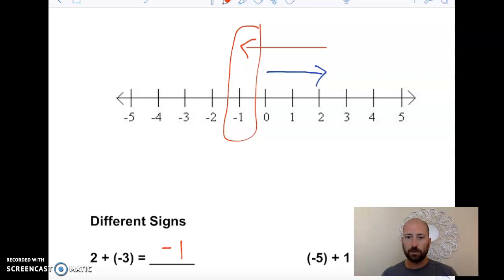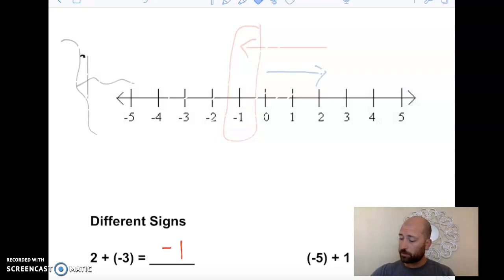Now, if you're like, I don't understand, how does that happen? If I think back on my cliff, if I'm 2 feet above and I drop 3 feet, well, I go past the water. Now I'm 1 foot underneath the water. All right, here goes our next example: -5.